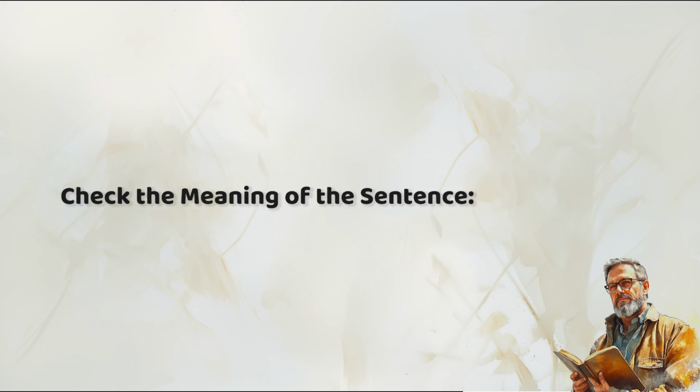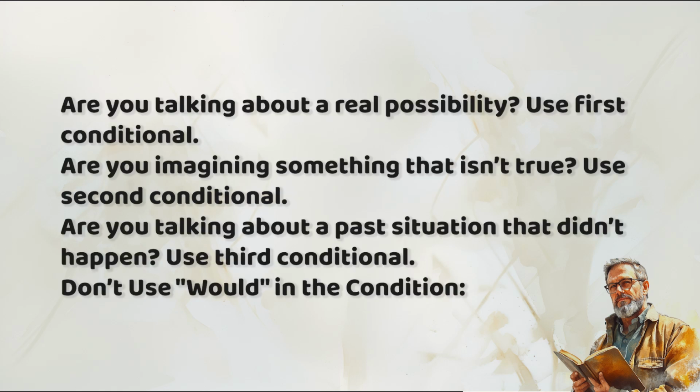Check the meaning of the sentence. Are you talking about a real possibility? Use first conditional. Are you imagining something that isn't true? Use second conditional. Are you talking about a past situation that didn't happen? Use third conditional.